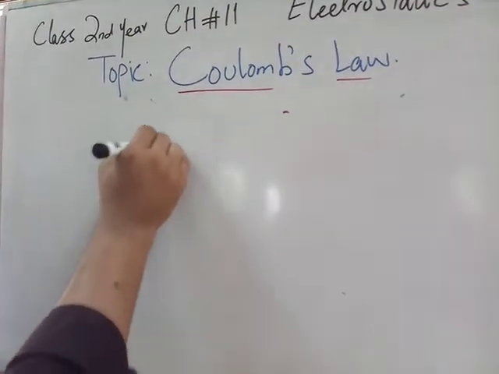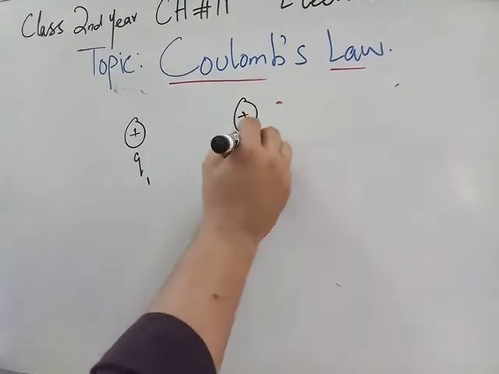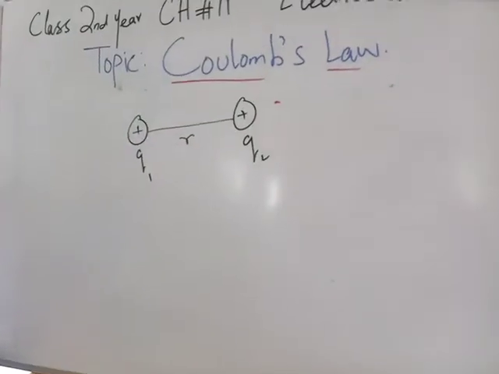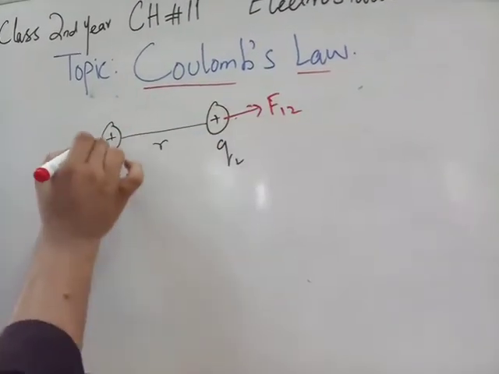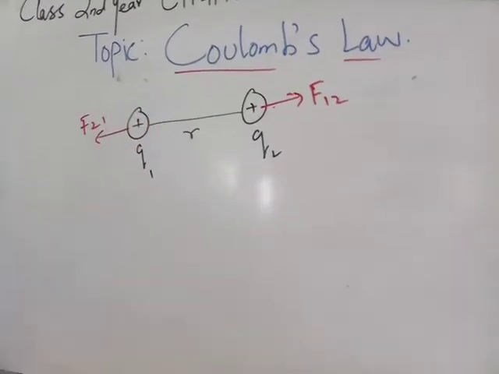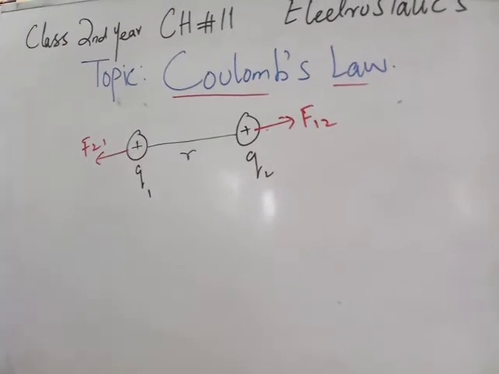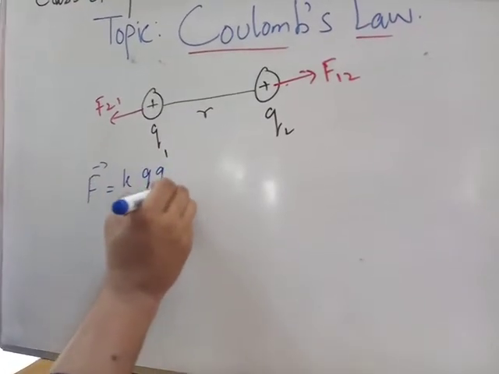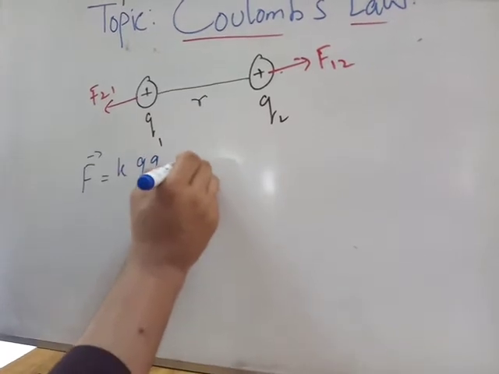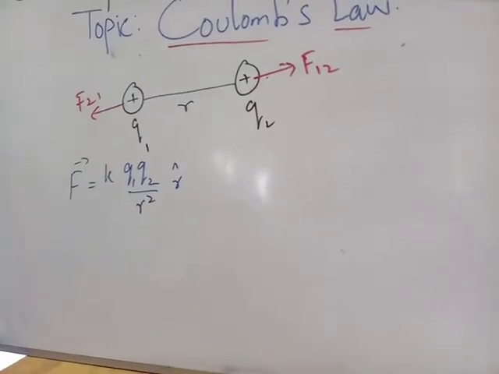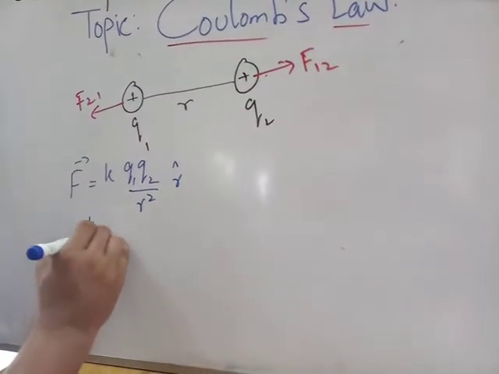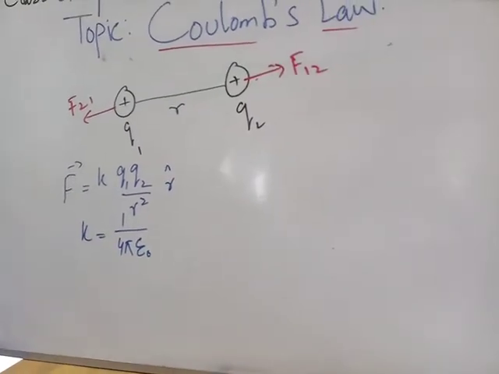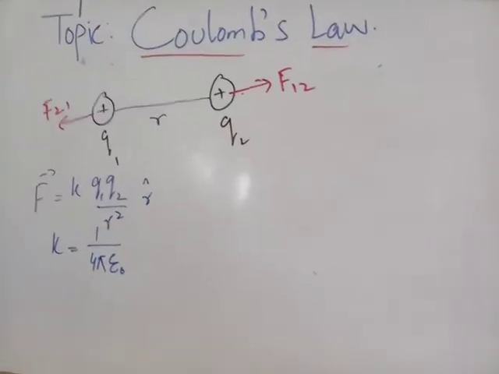We consider two positive point charges Q1 and Q2, and the separation between these two charges is R, and the forces are F12 and F21. The Coulombic force is F equals K Q1 Q2 over R square in the direction of R. In this, the value of K is 1 over 4 pi epsilon naught, where epsilon naught is the permittivity of free space.